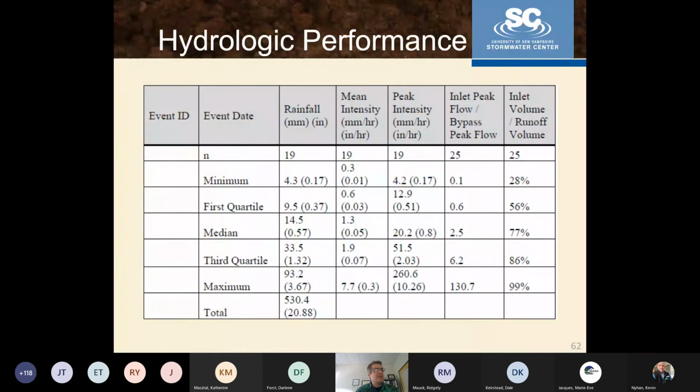When we look at this cumulatively over time, we see really good nitrogen levels coming out of the outlet. So, and really good volume reduction.